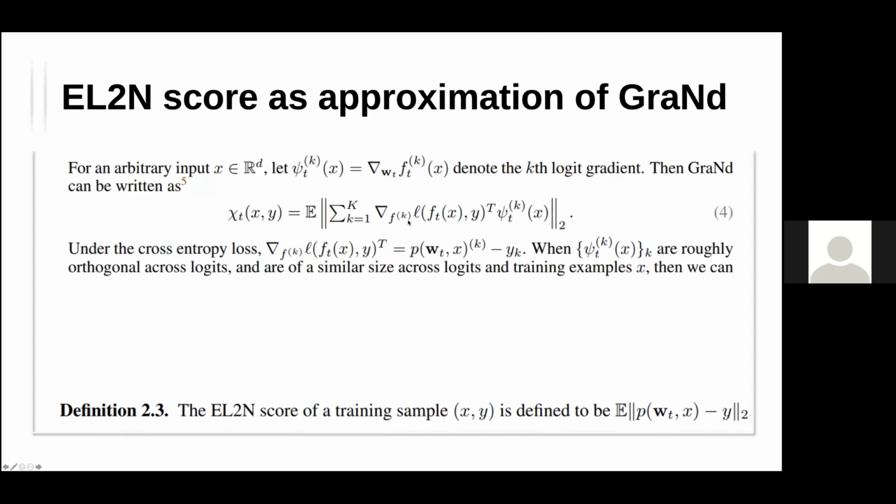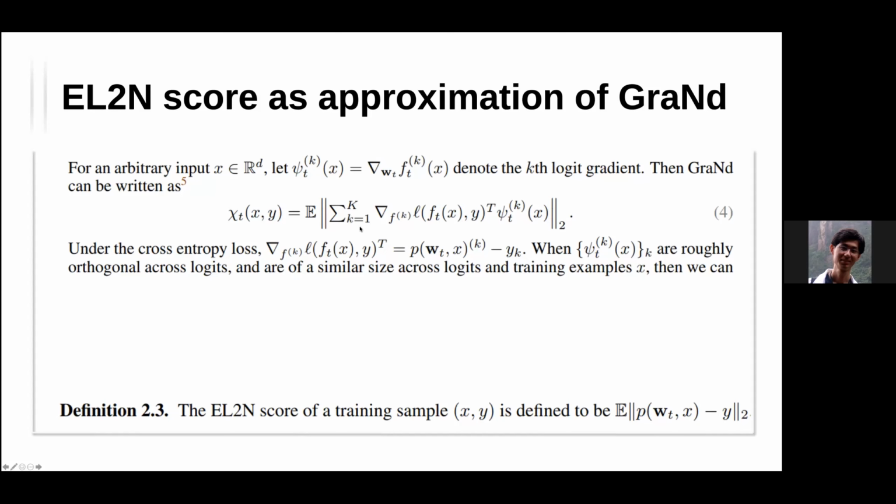The first term is the gradient with respect to the logit layer, and the second term is the gradient of the logit layer with respect to the weight. So they just expand it and sum it over all classes.